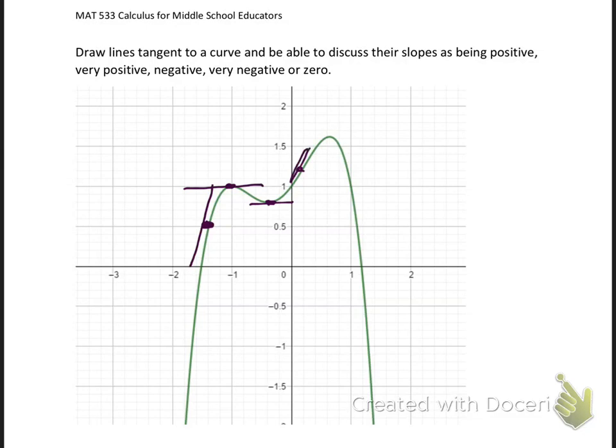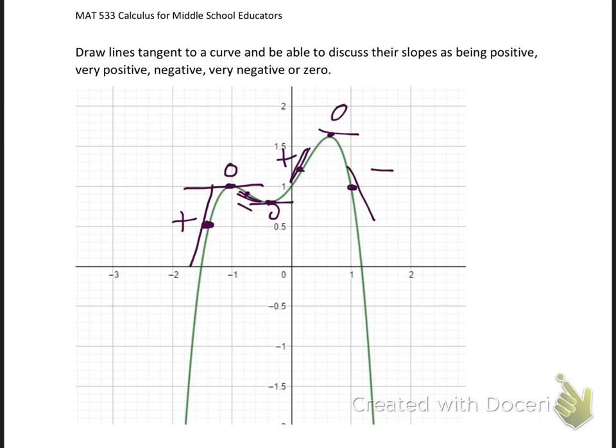This is 0 at this point. This is very steep going negatively. So I have a positive slope, a 0. In here would be a negative slope, another 0, a positive, a 0, a negative slope. So you can see that if you know the slopes of these tangent lines drawn to the curve, you can kind of sketch out your curve to a certain extent.